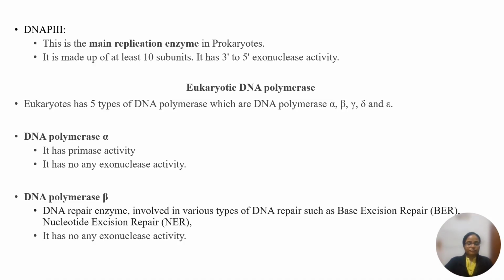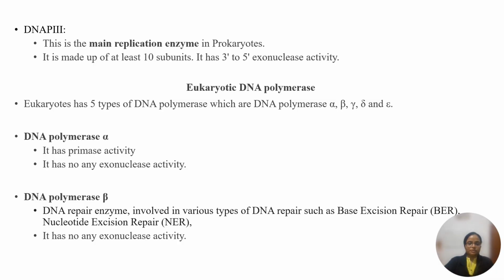And of course, it has a 5' to 3' polymerization activity because it's the main replicative enzyme. And it also has a 3' to 5' exonuclease activity, which gives it the ability to cleave the DNA. So this is the main enzyme which is mostly synthesizing the new DNA strand during the replication process.